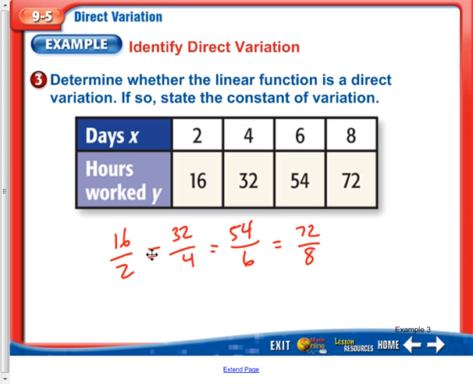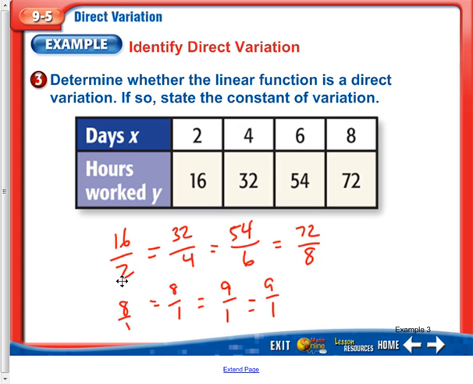All right, so if I simplify this, I should get all of them to be the same. So 16 over 2 is 8 over 1, and this would also be 8 over 1. This here would be 9 over 1, because 54 divided by 6 is 9, and 72 divided by 8 is also 9 over 1.